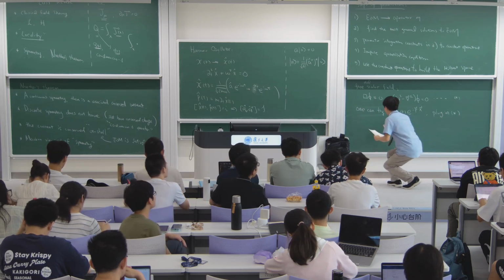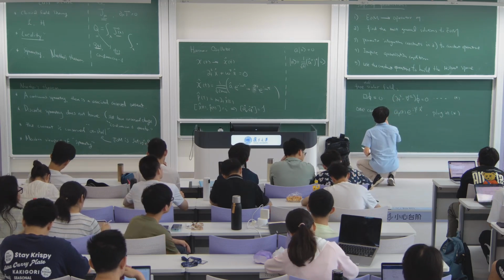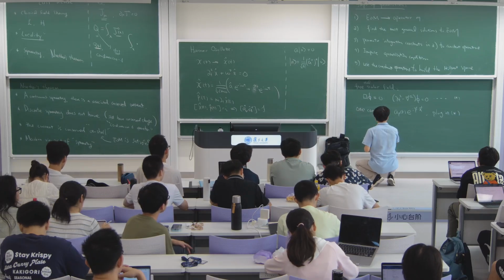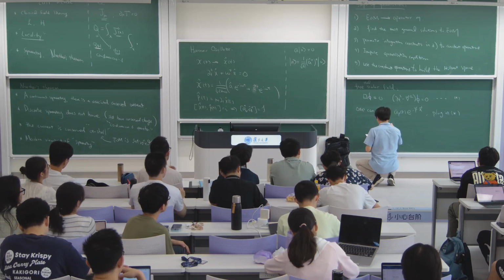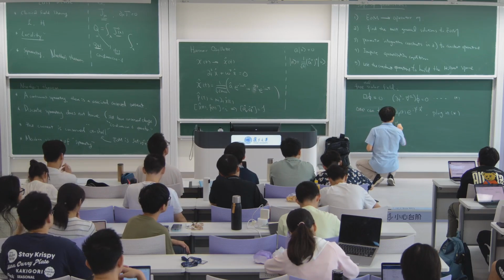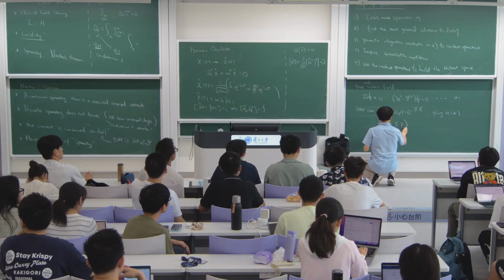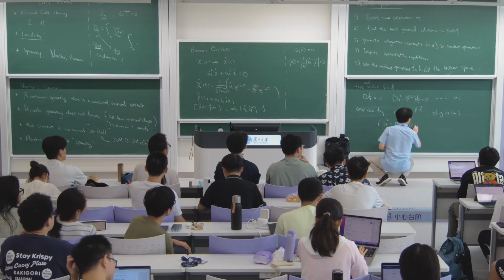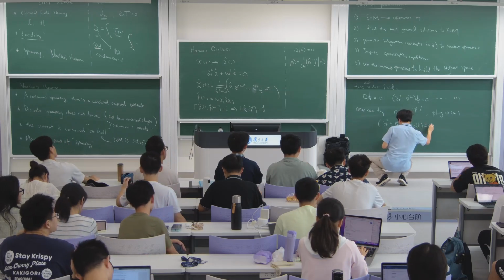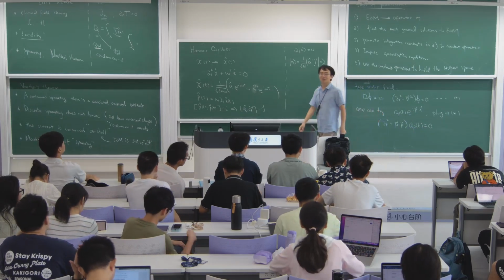Then what do we get? We will get partial t squared plus p dot p, which is p squared, acting on the function, equal to 0.